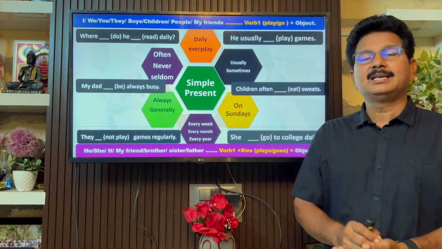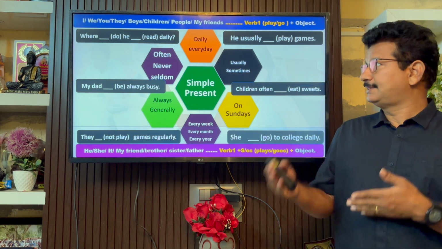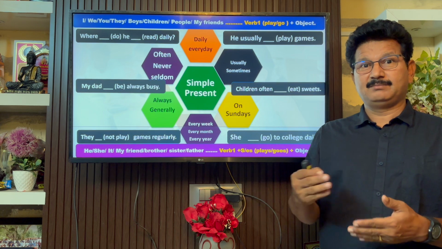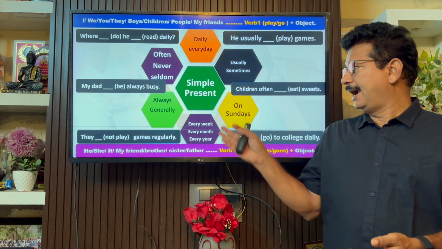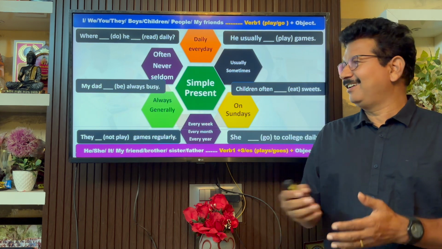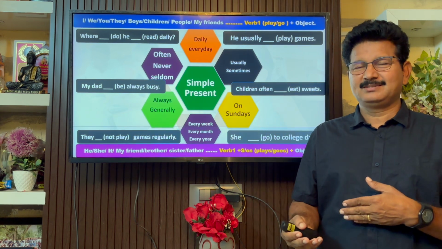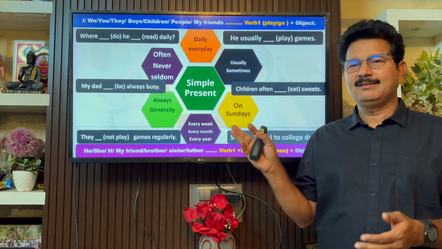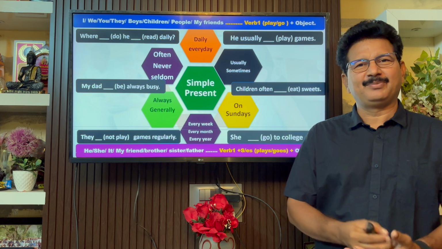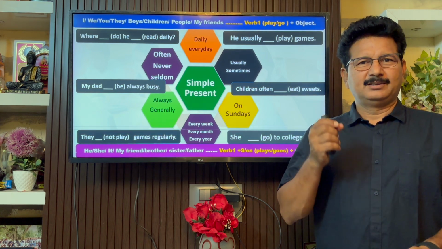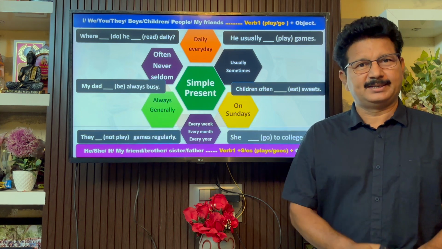The next ones are usually, sometimes, and on Sundays, which means every Sunday. And then every week, every month, every year, always, generally, usually, often, never, seldom. These are the common keywords to identify simple present tense.